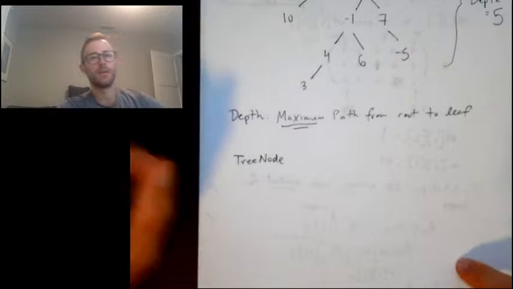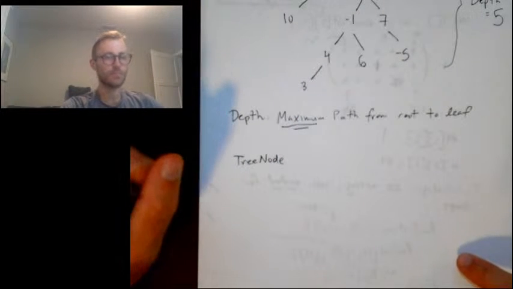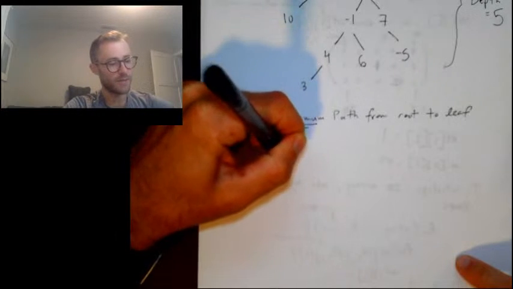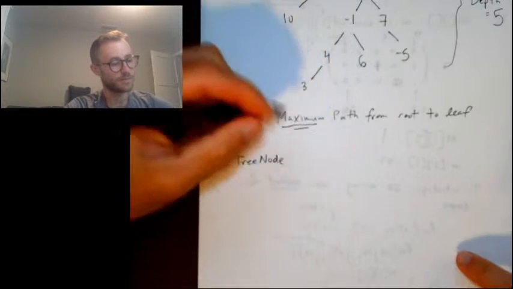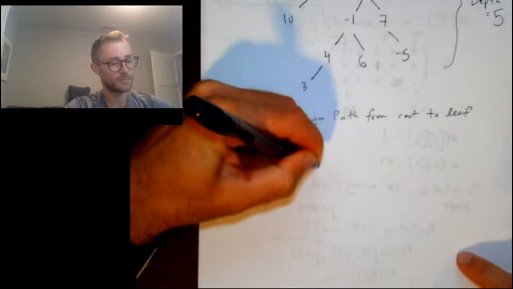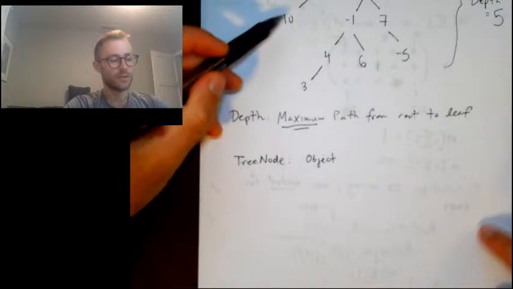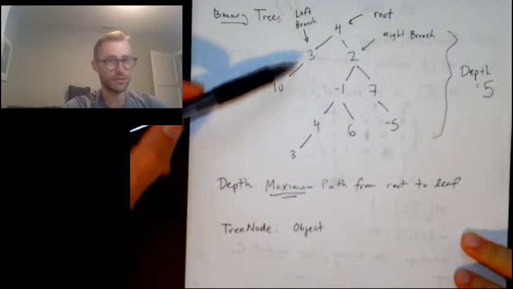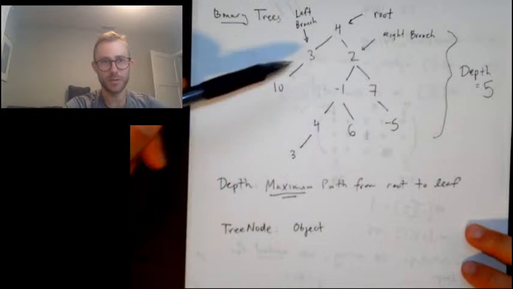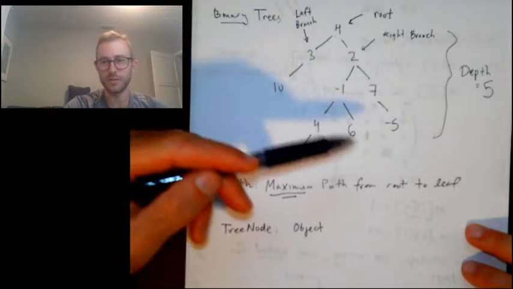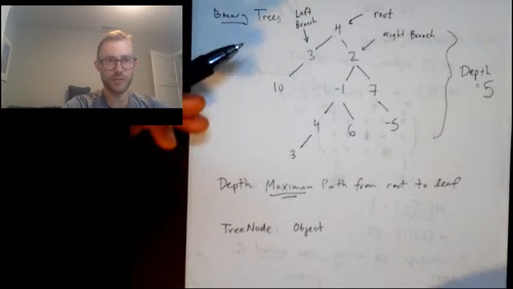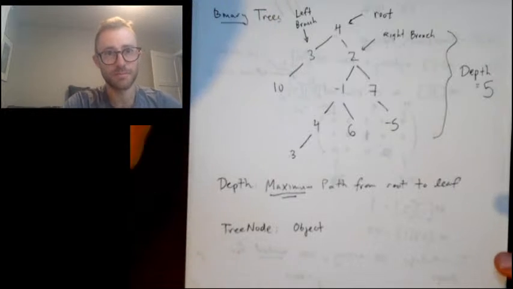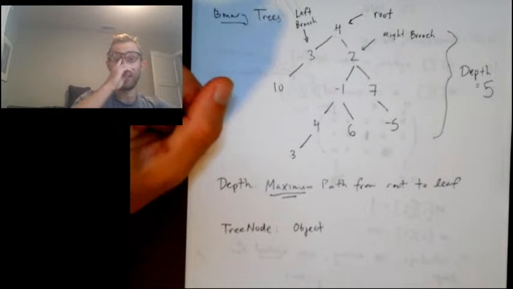The class tree node is going to basically have the object. This is a binary tree of integers. This is the most common thing to have a binary tree of, but it doesn't have to be. It could be a binary tree of two-dimensional arrays. I don't know. So you have the object itself.